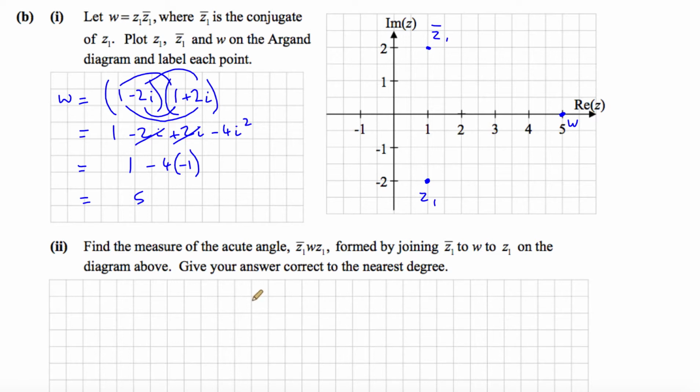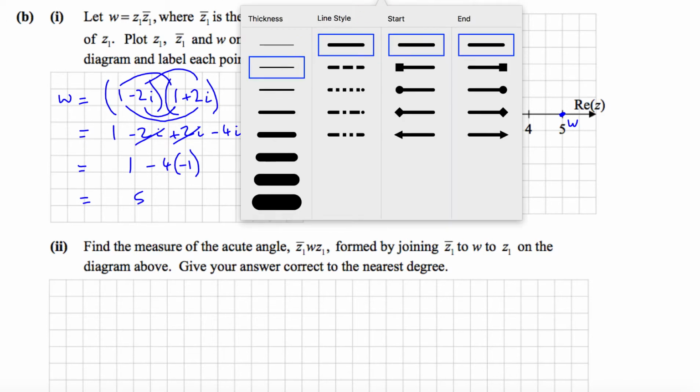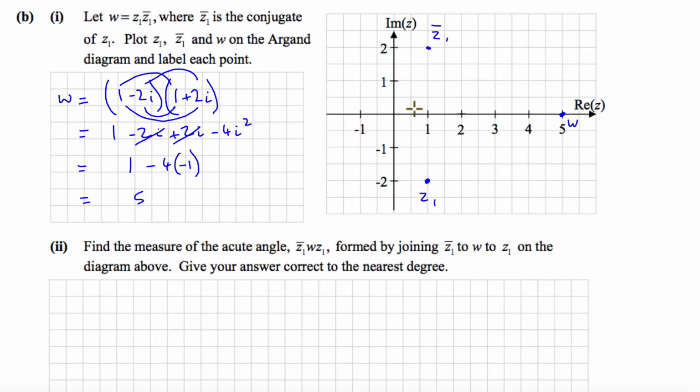Okay, so the angle I'm going to be looking for is, it says to join Z bar 1, which is this, to W, and from W then to Z1. And I'm looking for that acute angle. So the angle I'm looking for is this angle here.